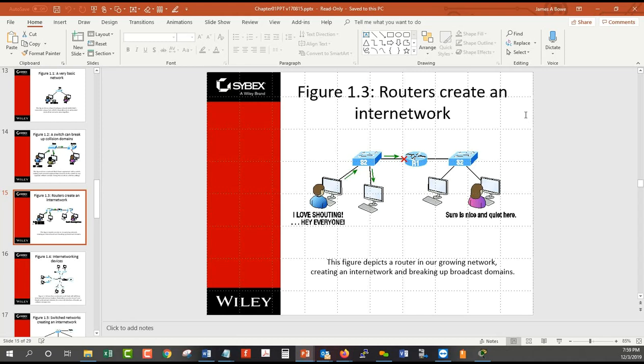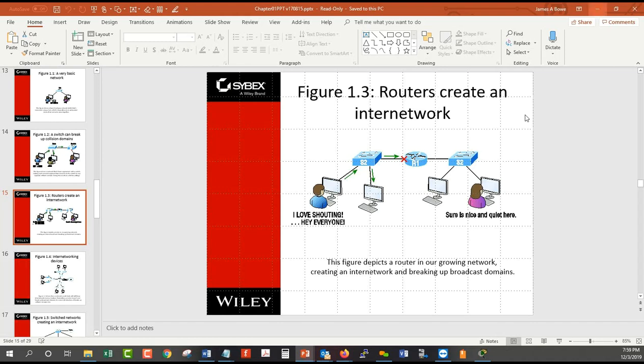There were 2 broadcast domains. And again, the only thing that can create a broadcast domain is a router. Routers break up broadcast domains. So there are 2 connections to the router, a broadcast domain for each one. So 2 connections to the router, 2 broadcast domains. All right, very good.